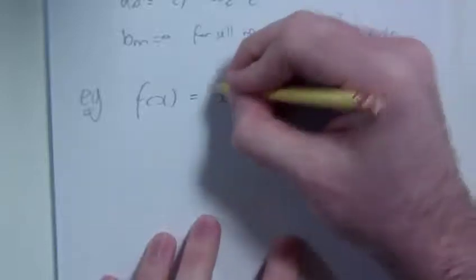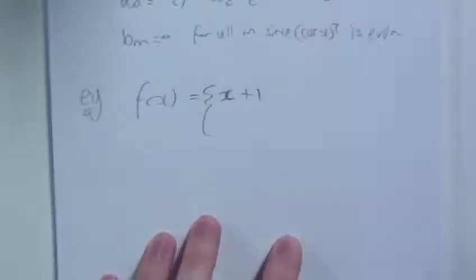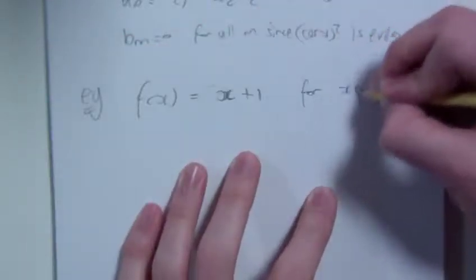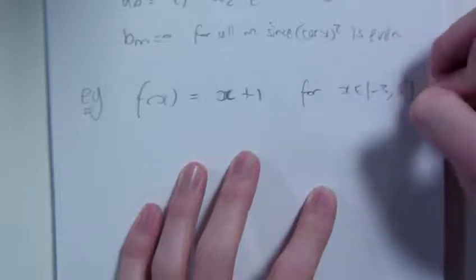So that function is not periodic. It doesn't repeat itself. But what we're going to do is define it just on a small region. We'll define it like this for x between, say, -3 and 3.